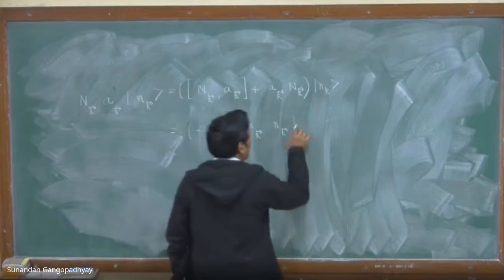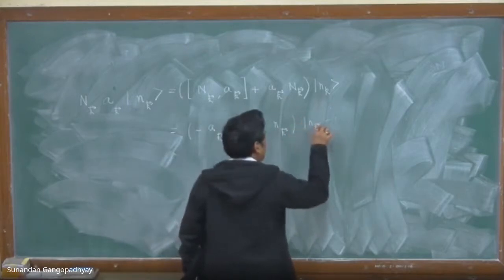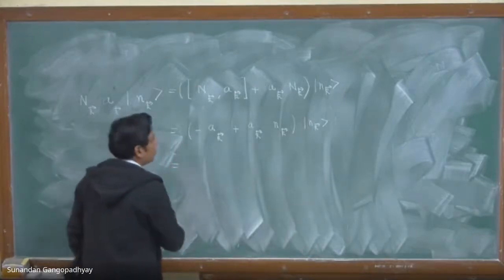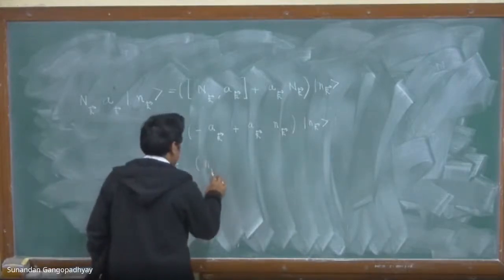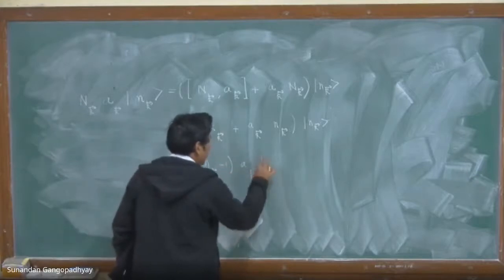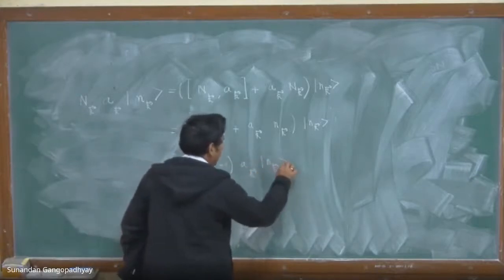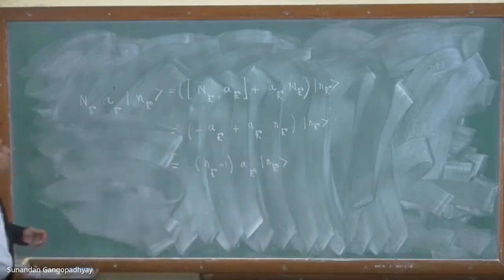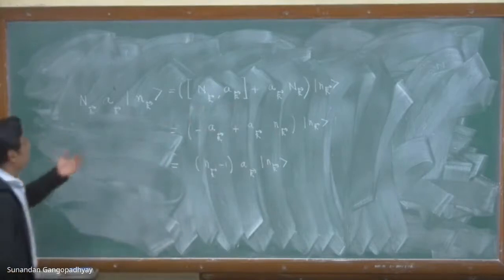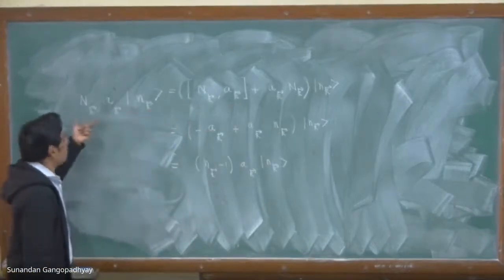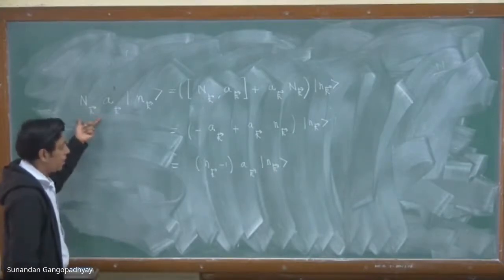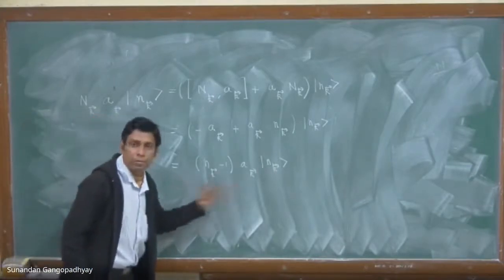So this is equal to nk minus 1. From this simple calculation, by using the commutation relation between Nk and A, we see that if this state is an eigenstate of capital Nk, then this state is also an eigenstate of capital Nk, but with eigenvalue nk minus 1.